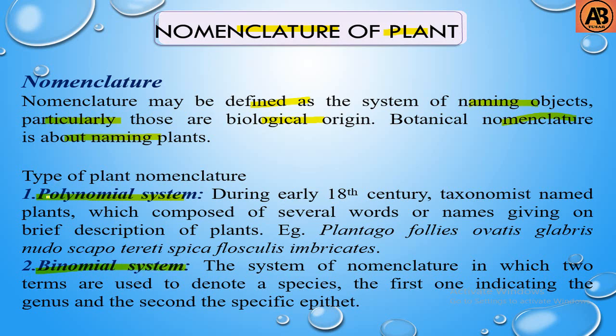Polynomial: during the early 18th century, taxonomists named plants with several words or names giving a brief description of the plant. Example, Plantago foliis ovatis glabris, etc. And the binomial system is the system of nomenclature in which two terms are used to denote a species, the first one indicating the genus and the second the specific epithet.